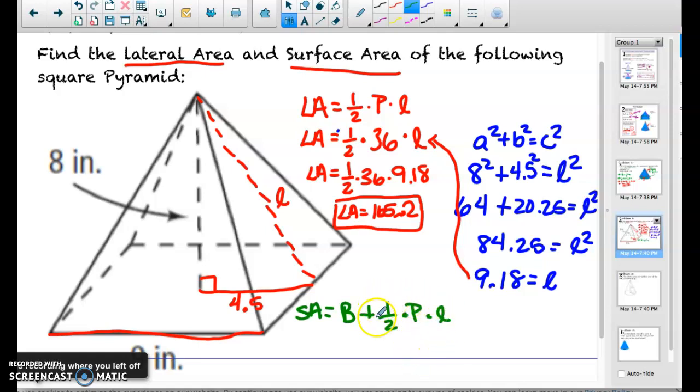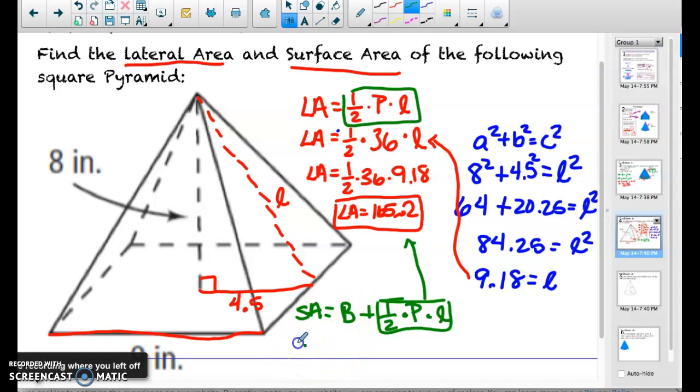Now I've already done this calculation right here, the 1/2 times perimeter of the base times slant height. We got 165.2 for this, didn't we? So I'm going to replace this with the 165.2. Then all I have to do is add the area of the base to my answer and I'm done.